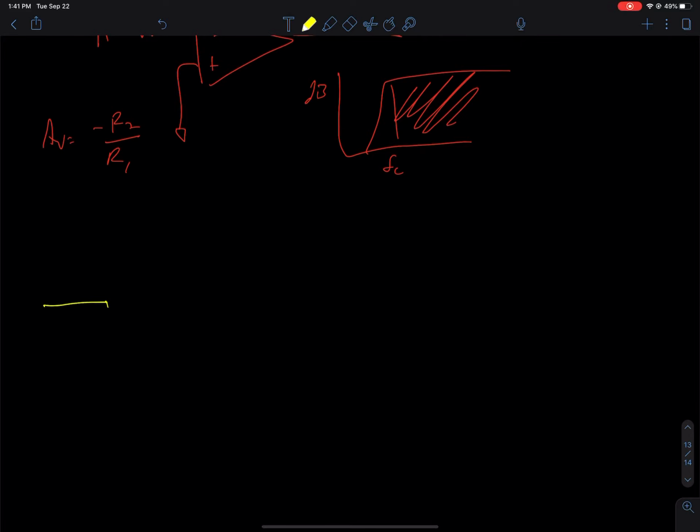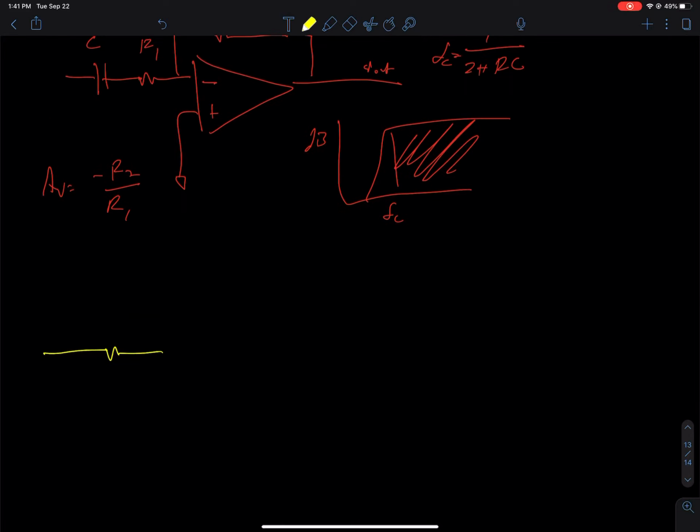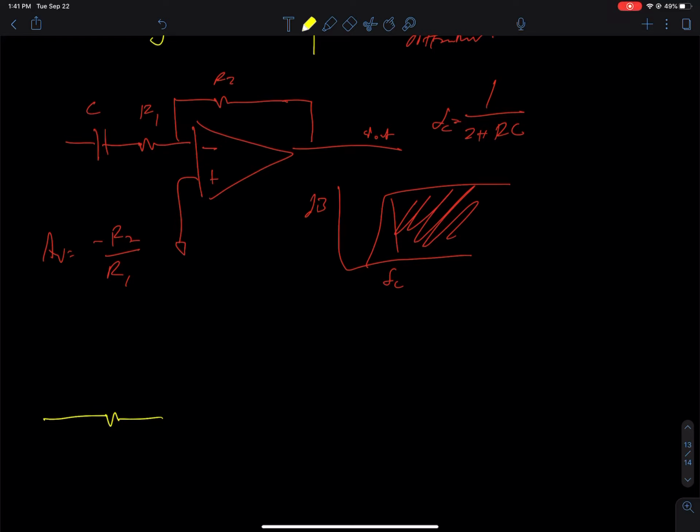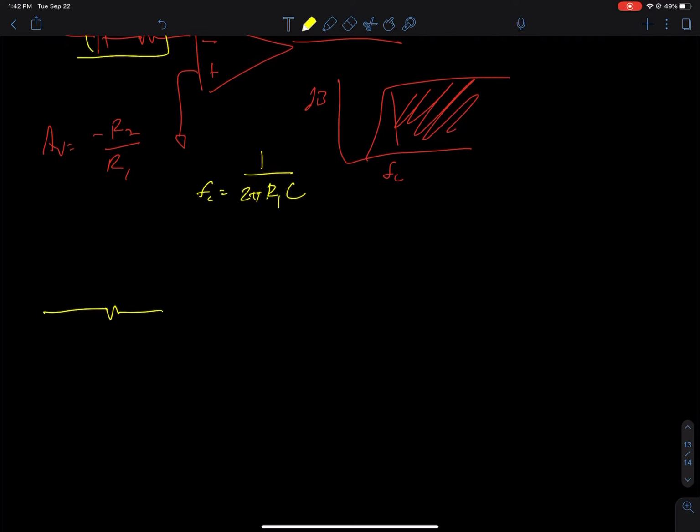Now, just a side note, FC is equal to 1 over 2 pi R1C. It's the R1, that's your high pass combination.